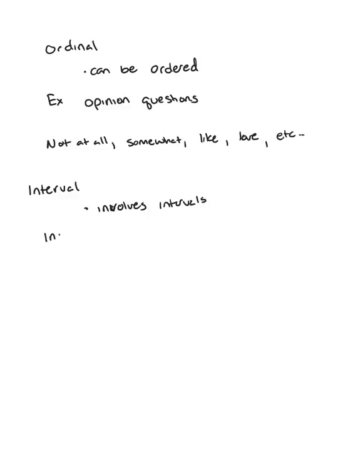So, for instance, income is a really good example of a variable that's an interval variable. So, for instance, I could ask you, do you make between 0 and 20K a year, between 20K and 40K a year, between 40 and 60K a year, etc. That is, although you're giving me a numeric response, you're selecting an interval. You're not giving me an actual value out.